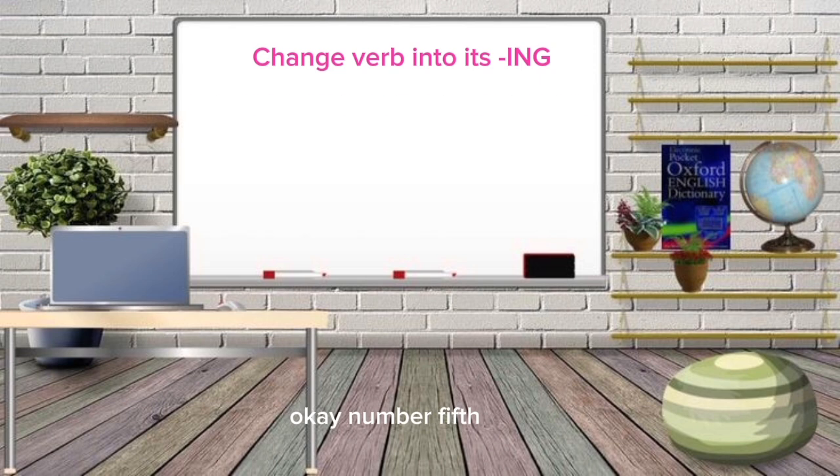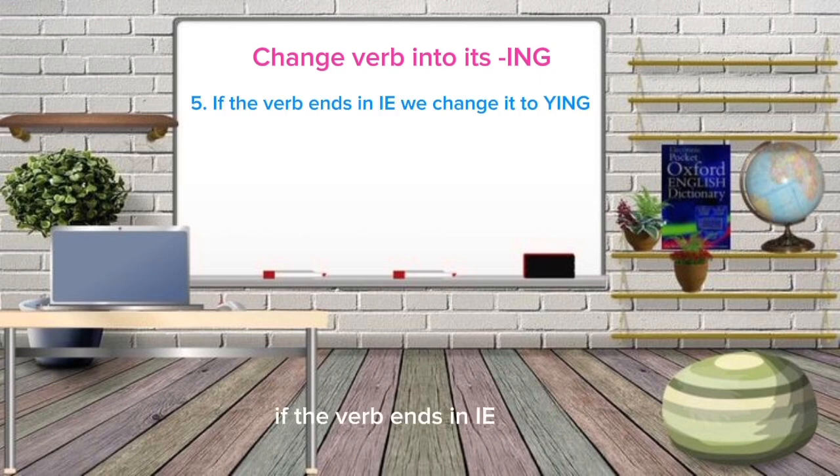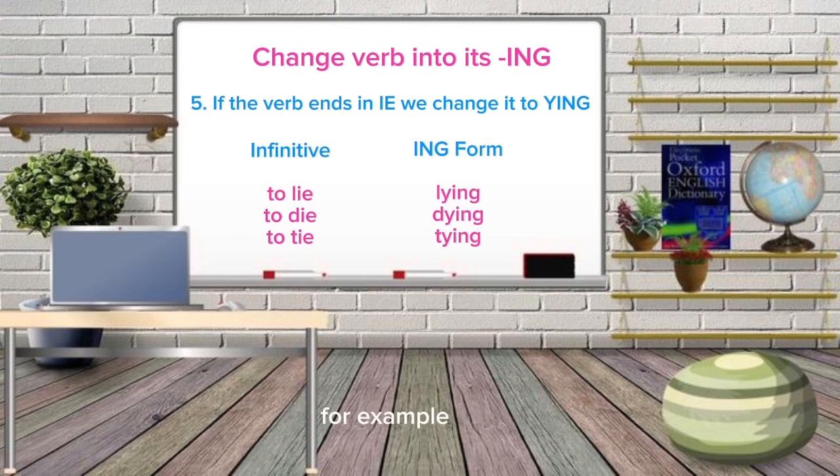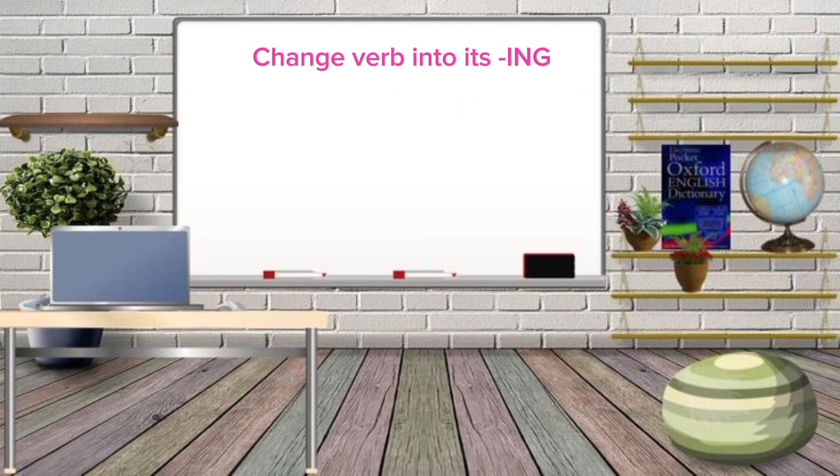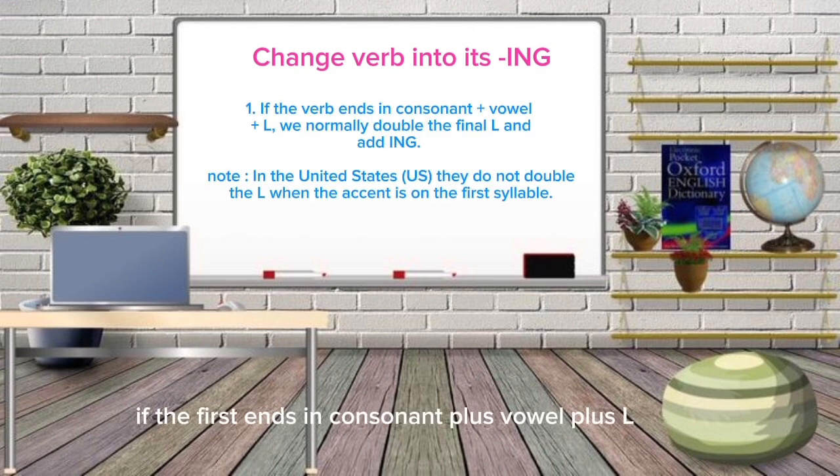Okay, number 4. If the verb ends in IE, we change it to Y plus ing. For example, to lie becomes lying. To die becomes dying. To tie becomes tying. The last: if the verb ends in consonant plus vowel plus L, we normally double the final L and add ing.